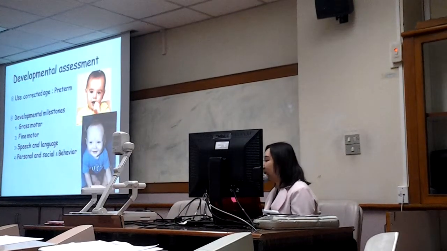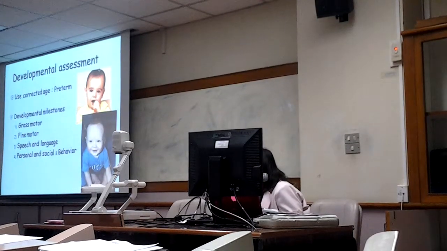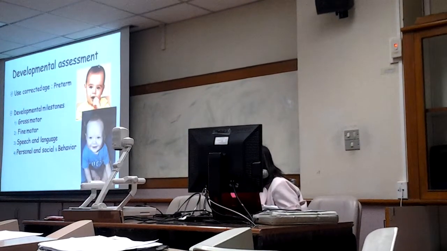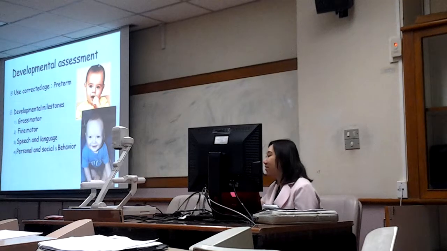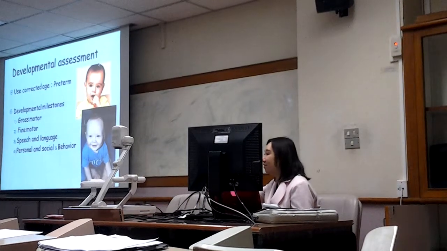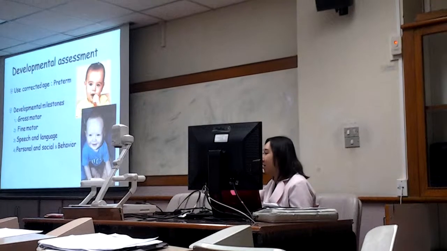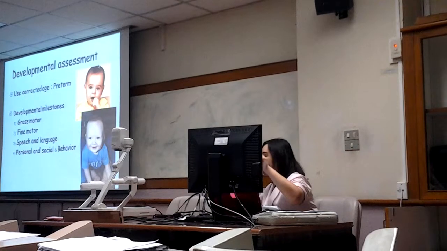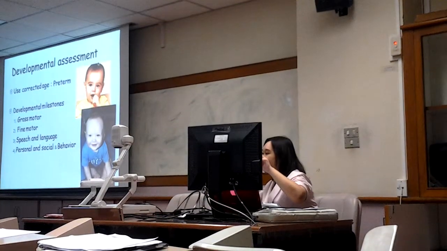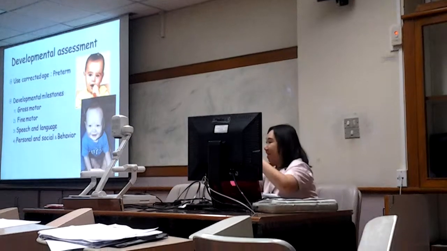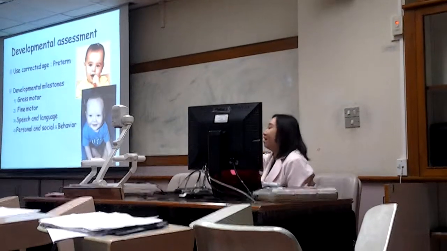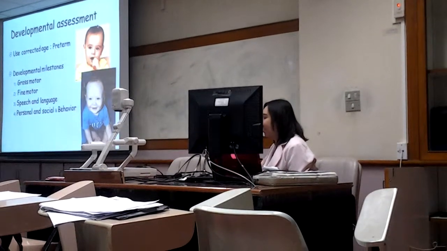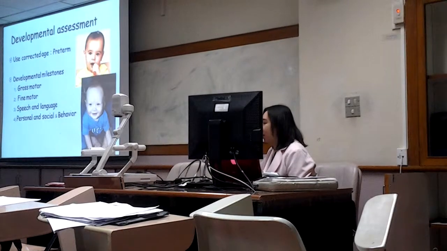Normal is term, the expected period. If he is delivered at 30 weeks, you need to minus 8 weeks from his age to assess the development. Only the development is 10 months.